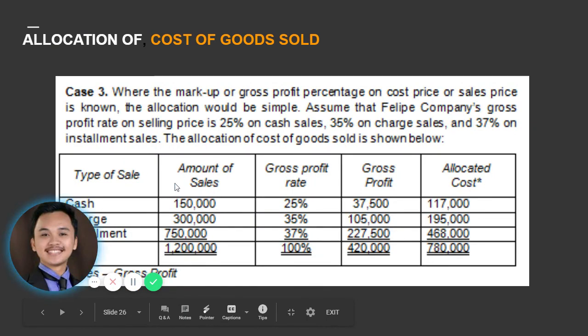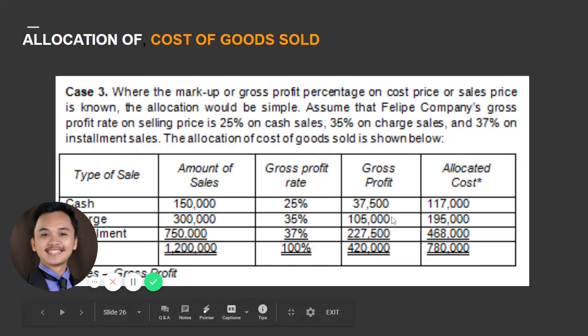And lastly, where the markup or gross profit percentage on sales price is known, the allocation would be simple. Assume that Felipe Company's gross profit rate on selling price is 25% on cash, 35% on charge sales, and 37% on installment sales. In this case, you simply use the gross profit of each sales method in allocating your cost of goods sold. So you compute for their respective gross profit: 150 times 25%, 300 times 35%, and 750 times 37%.